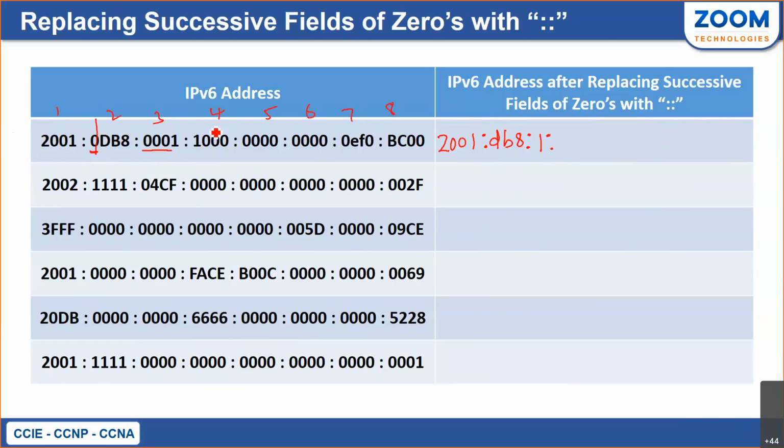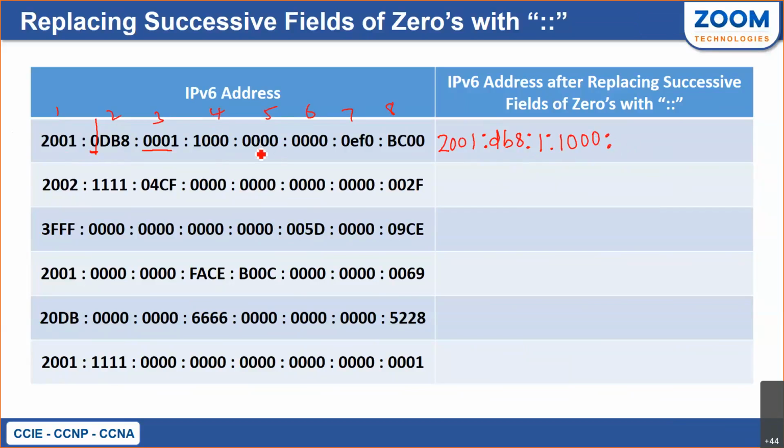In the fourth field, do you have 4 successive zeros? No. Any leading zeros? No. So can you make any changes in the fourth field? Can't do anything, right? So 1 0 0 0 as it is. So clear, Geeta? Colon.